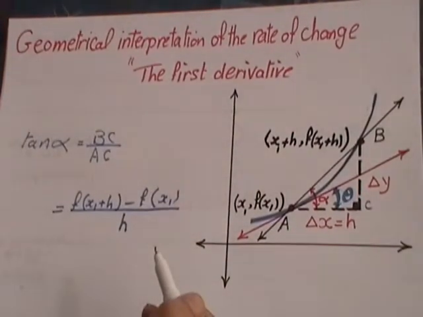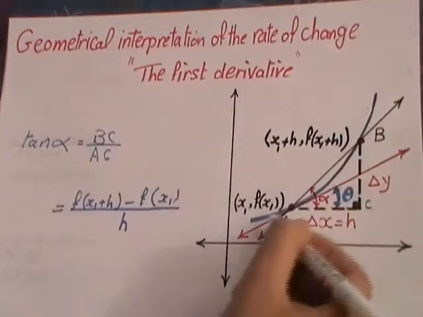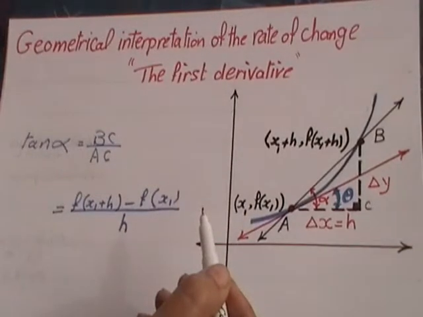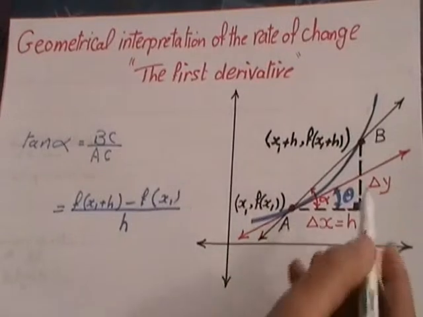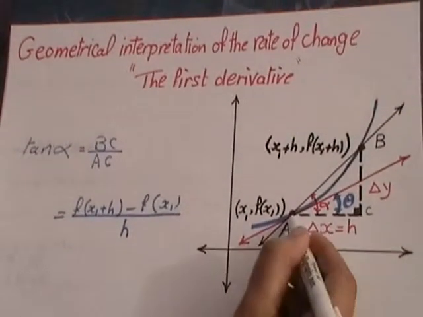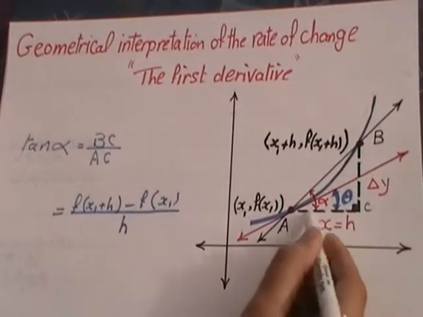Let's see now, if A is a fixed point and we imagine that the point B moves on the curve of this function toward the point A, then what happens? Point C also moves toward A, so h tends to 0.